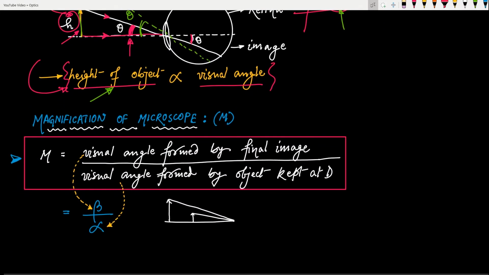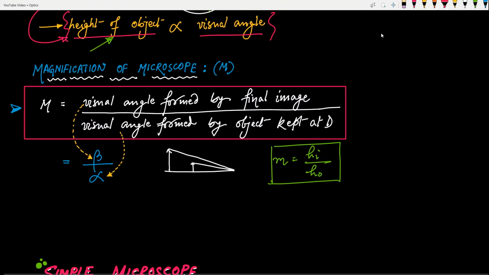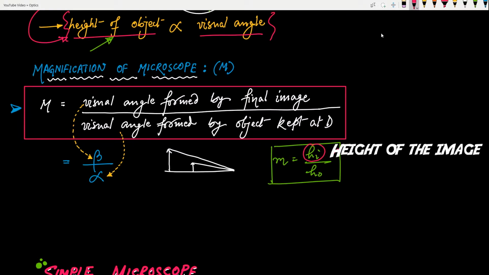Now magnification, we know, let me write it down for you, that magnification is height of image divided by height of object. This is the basic concept, and we have seen that the height of the object is related to visual angle, isn't it? So we can say that the height of the image is directly proportional to the visual angle found by the image, and height of the object is directly proportional to the visual angle found by the object kept at D. I will explain that, so don't worry. First of all, understand this part.